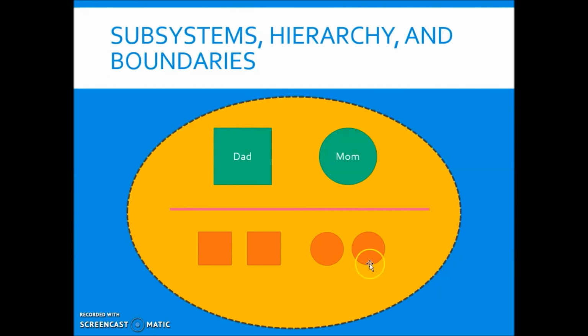Within the family itself, we see the structure of the family, this pretty pink line representing the division between the parental or executive subsystem and the child subsystem. And again, this boundary could either be very rigid or it could be much more permeable, depending on how the family rules are.